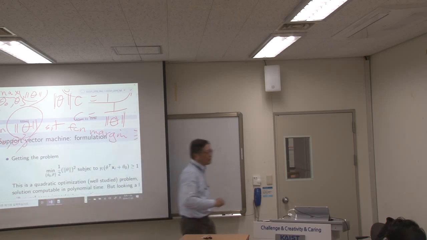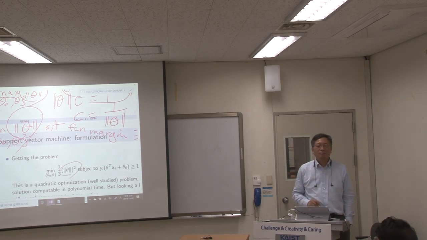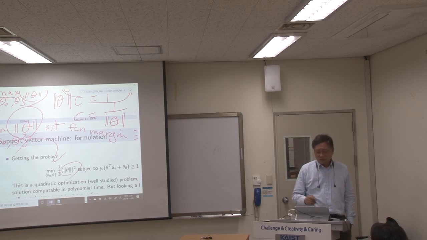I'm more at ease with something minimizing a quadratic. Instead of minimizing the magnitude, minimize the quadratic. How would you represent something like this in a vector form?